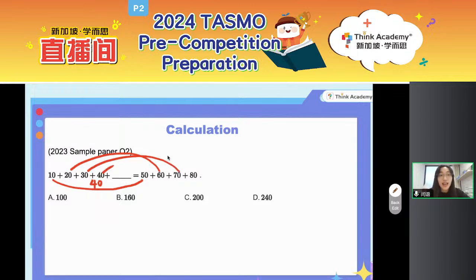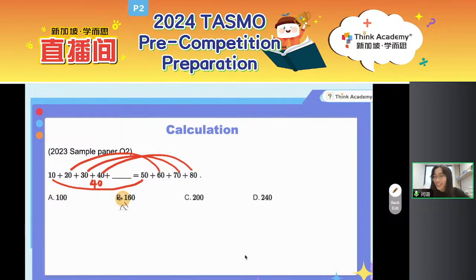And then 40 to 80, that is also 40. So actually, how many 40s are there? 4, right? That means the result of the left side is 160 smaller than the result of the right side. So here, what is the missing number? You need to make sure that these two sides are equal to each other. So we just add the missing part back. The answer should be B.